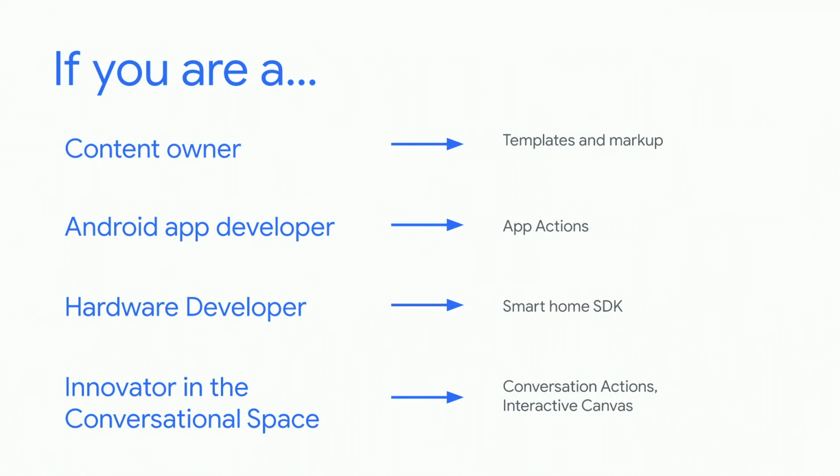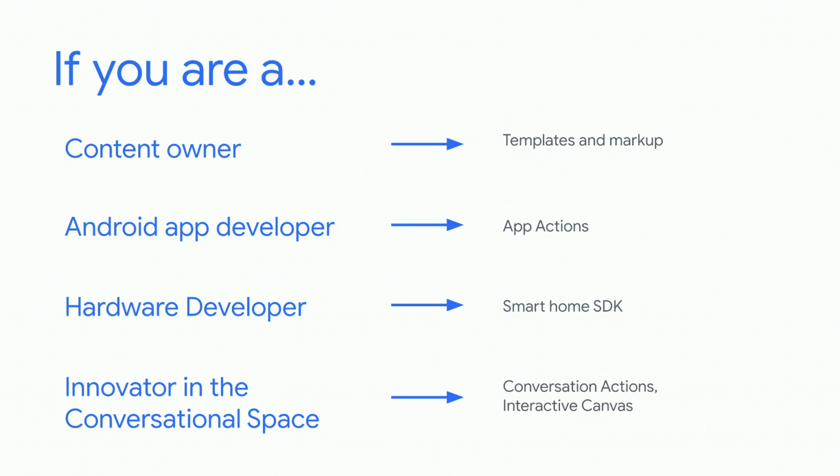If you're a content owner, let's say you have a how-to guide or a video on YouTube, you can add that content using templates or markup. If you're an Android developer, you could connect your Android app to Google Assistant with app actions. And then, of course, if you're a hardware developer, you want to connect all your really cool devices using our Smart Home SDK.